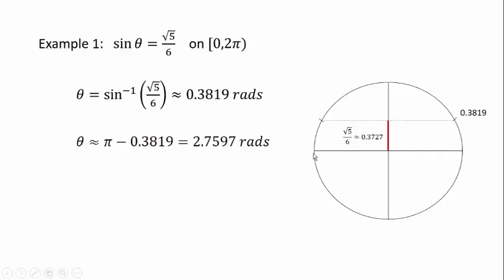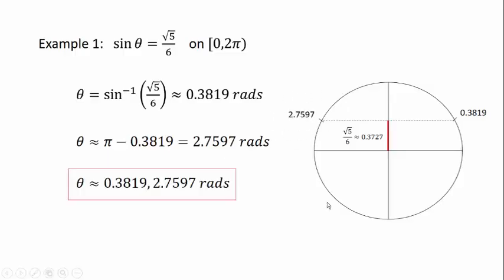So pi minus 0.3819 gives me 2.7597 radians. So I labeled it right there. So that's our two answers for this equation.